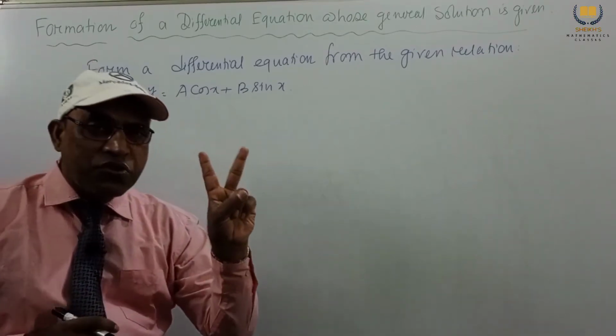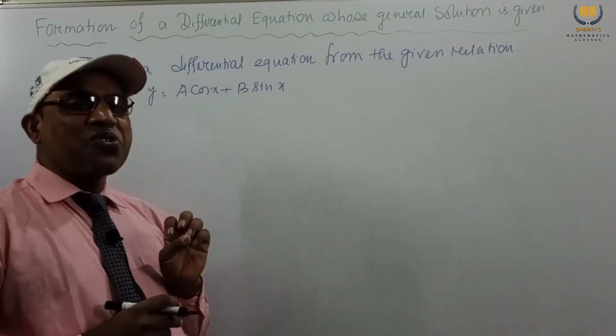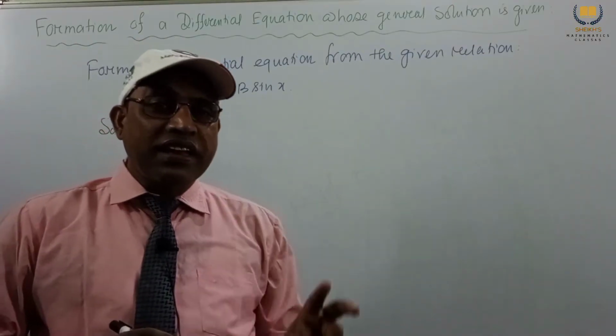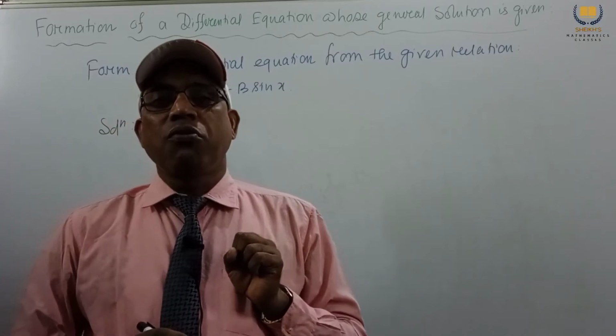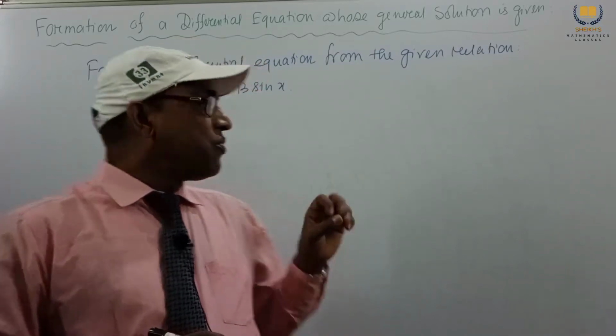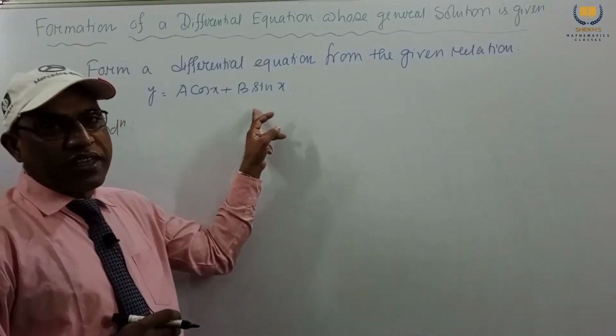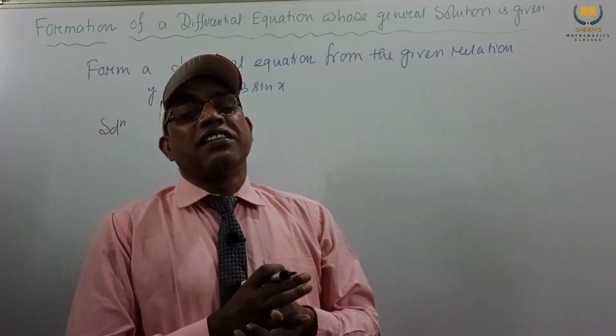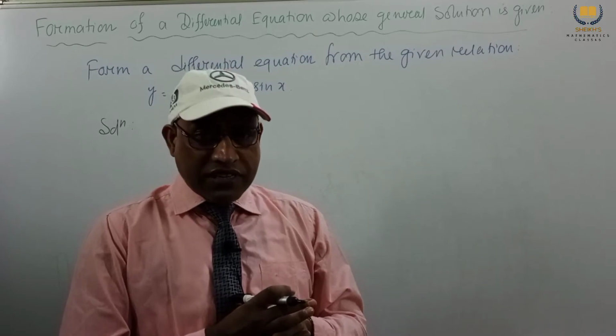We get two constants. Two constants means we differentiate two times and we remove, anyhow, this a and b. After removing this, we get a relation. This will be the required differential equation.